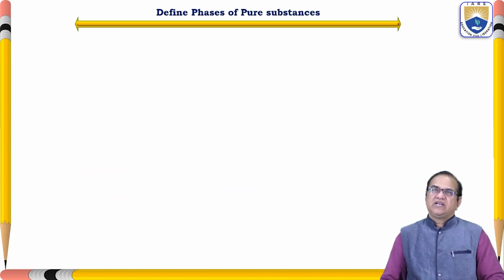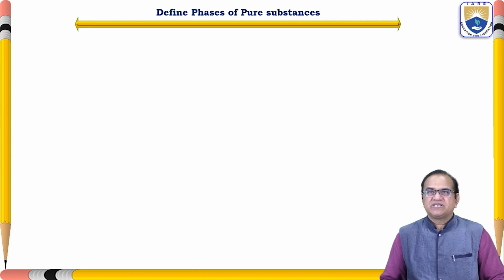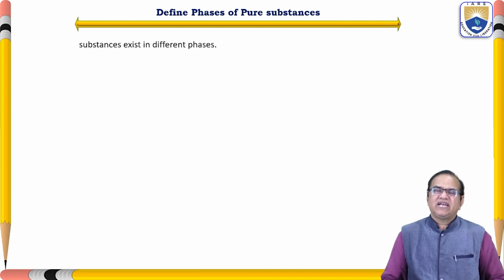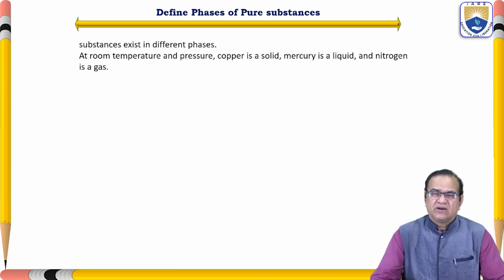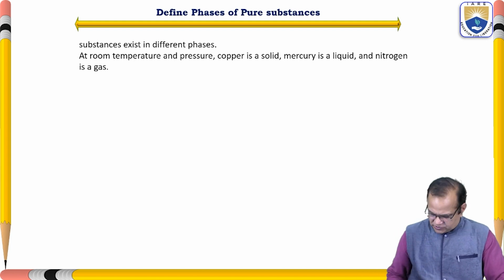So now let us define the phases of pure substances. We will see here that we have 3 phases. All the 3 phases we are going to discuss today. Substances exist in different phases. At room temperature and pressure, copper is a solid, mercury is a liquid and nitrogen is a gas.